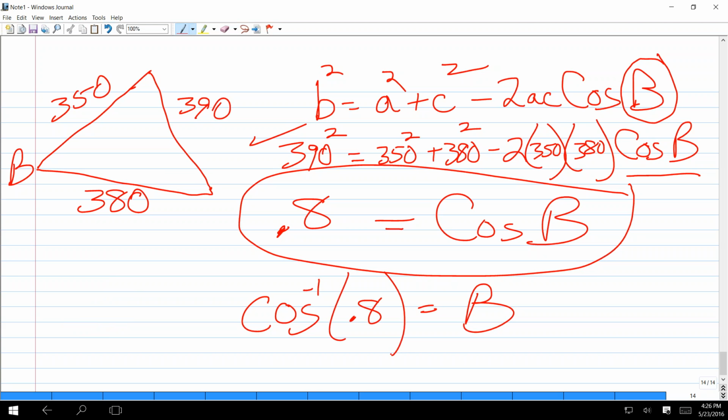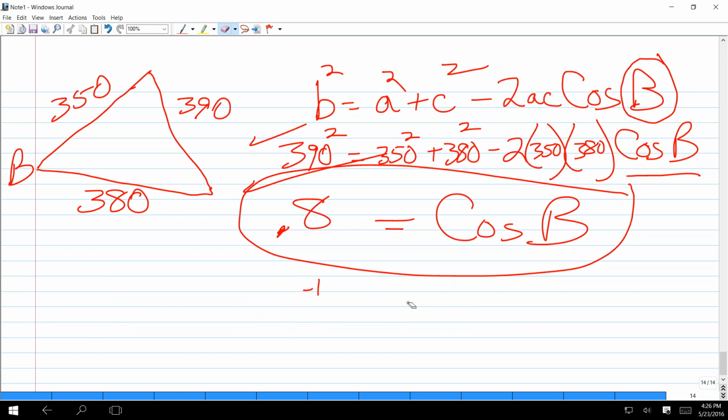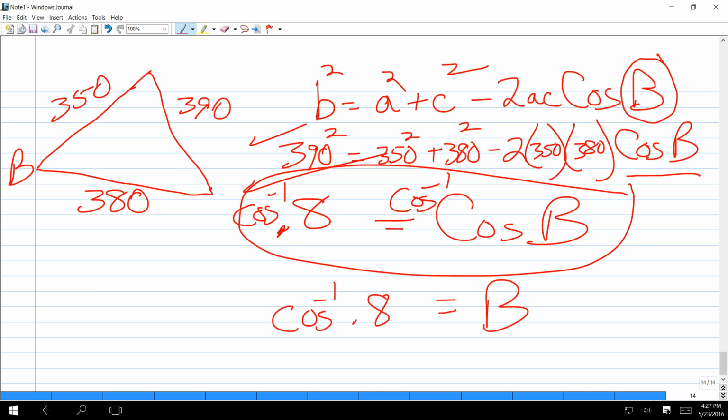Really, the way to think about this is, when you have this right there, the way to solve it is to take the inverse cosine of both sides. Take the inverse cosine of that side, take the inverse cosine of that side, and when you take the inverse cosine of the cosine, what you have is B. So you have B on the right, you have inverse cosine of 0.8 on the left.